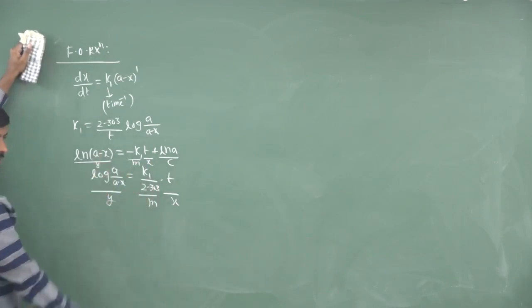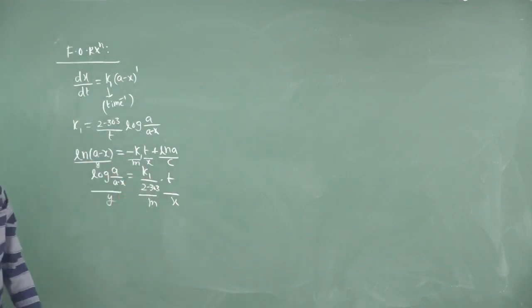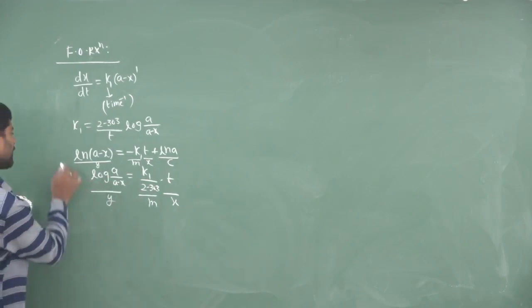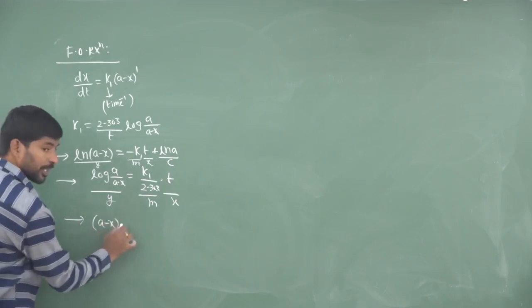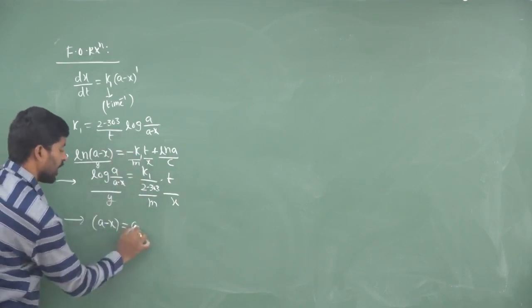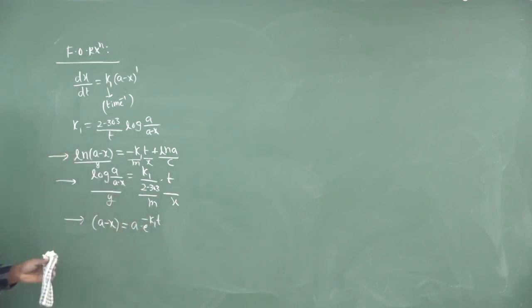We will get graphs. Here slope is equal to minus k1, here slope is equal to k1 by 2.303. And if you take the expression for a minus x, what is the expression we will get from this? a into e power minus k1t.